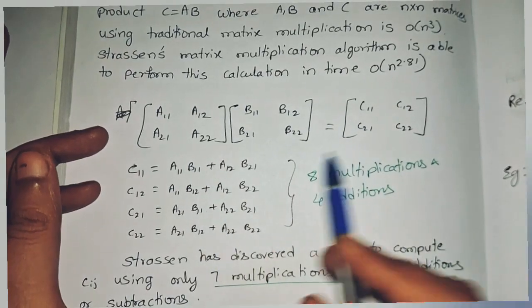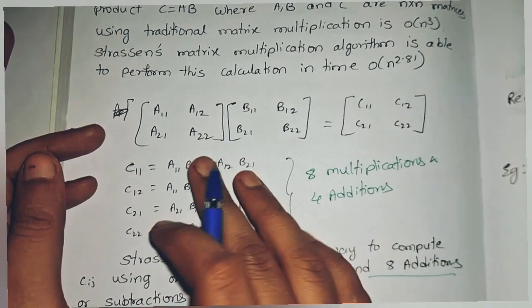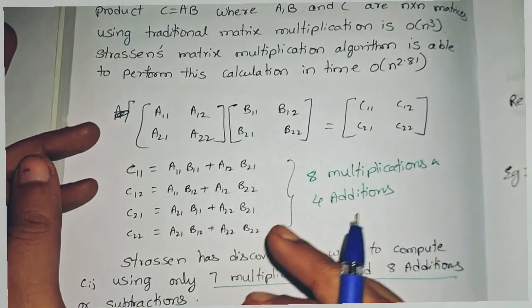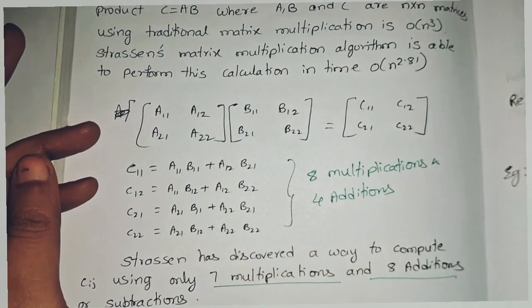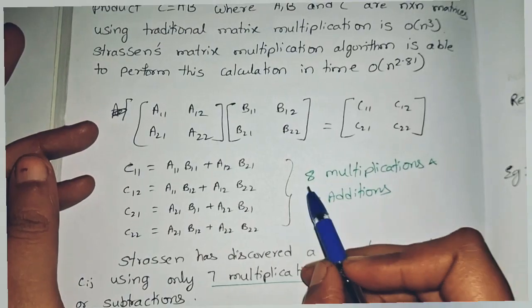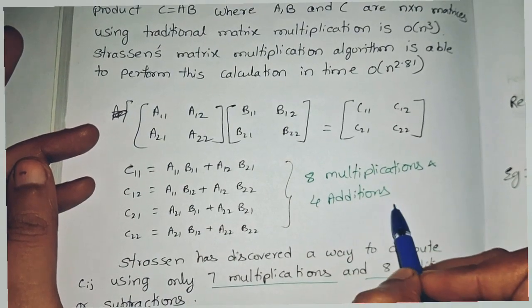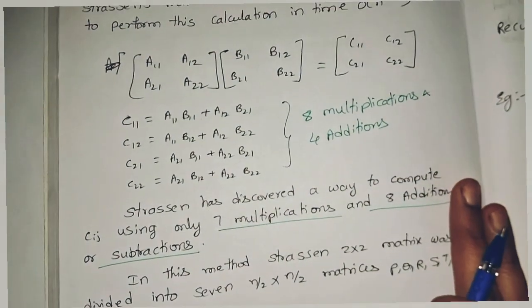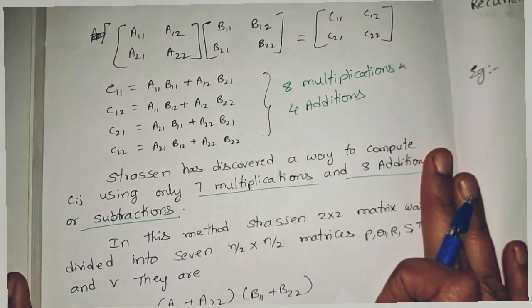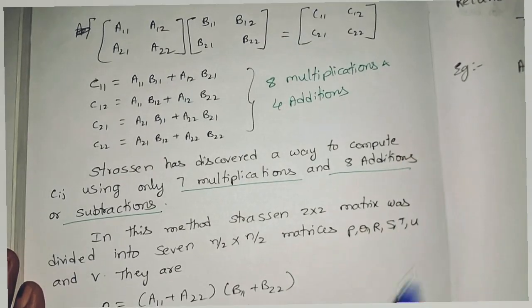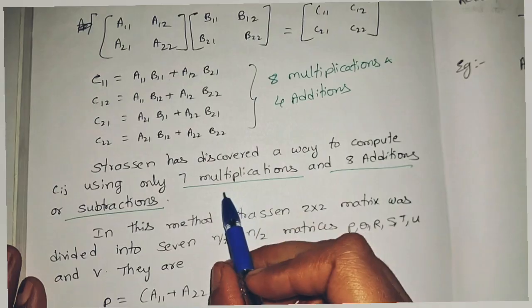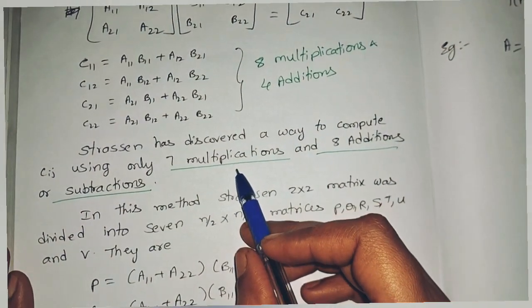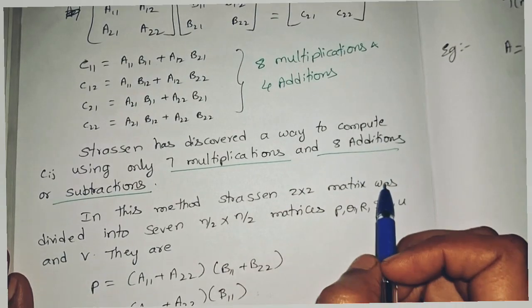So to perform the product of two matrices for all the elements, it results in 8 multiplications and 4 additions. If you are using Strassen's matrix multiplication method with divide and conquer, we will apply only 7 multiplications and 8 additions or subtractions.